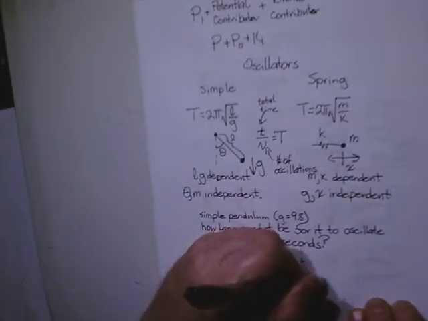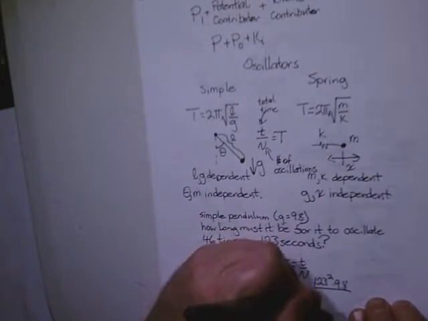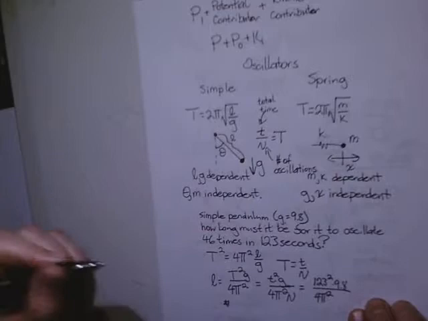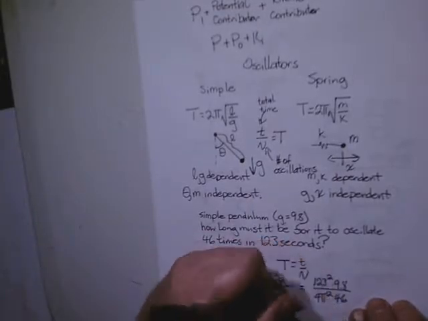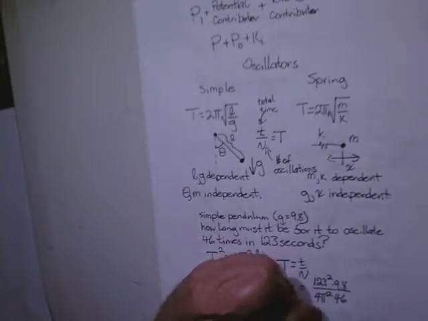So it's 123 squared, 9.8, 4 pi squared, 46. And my calculator says 81.6 meters.